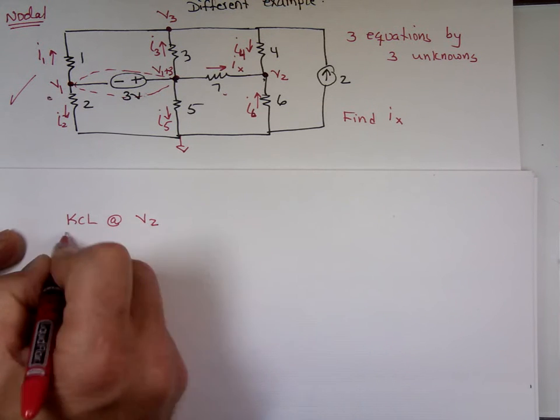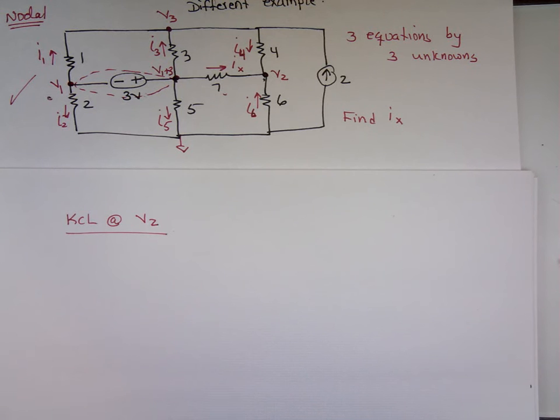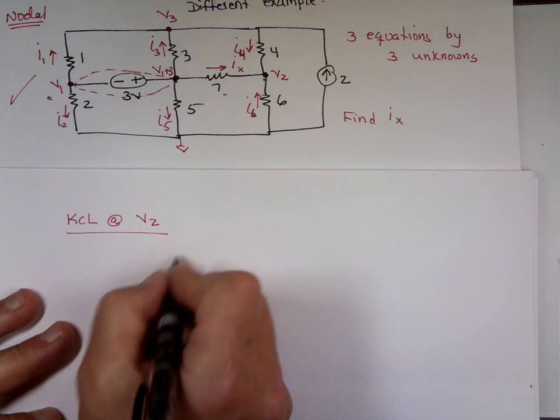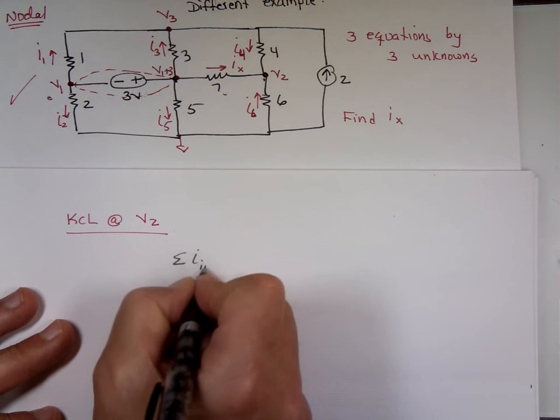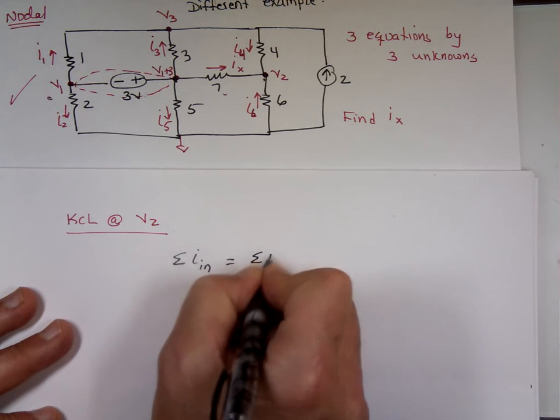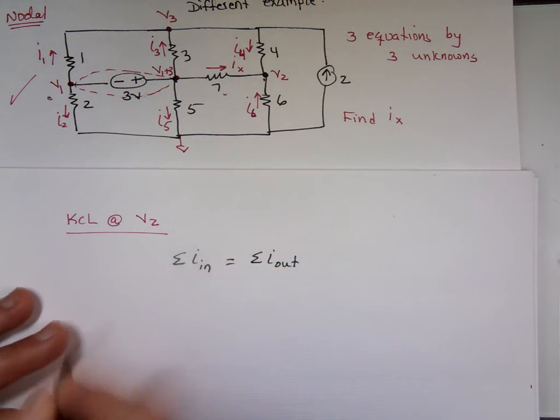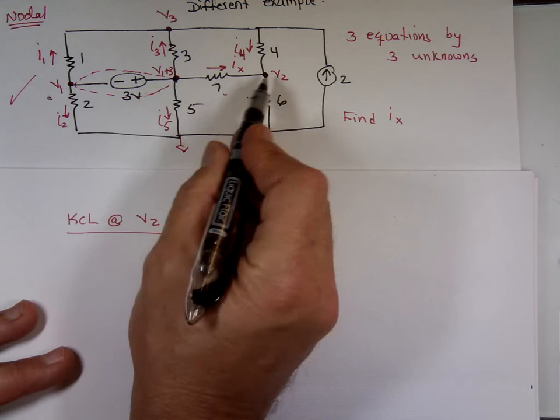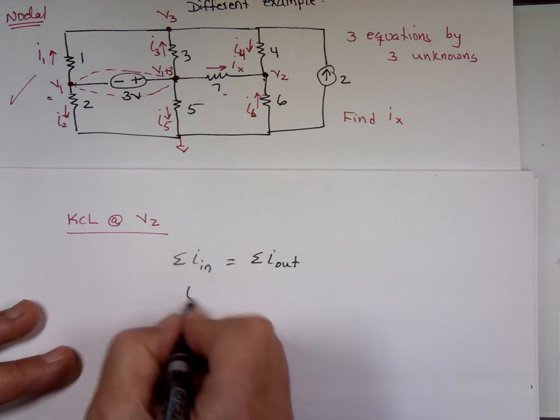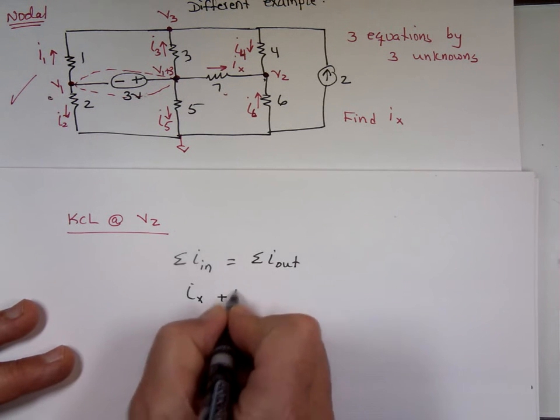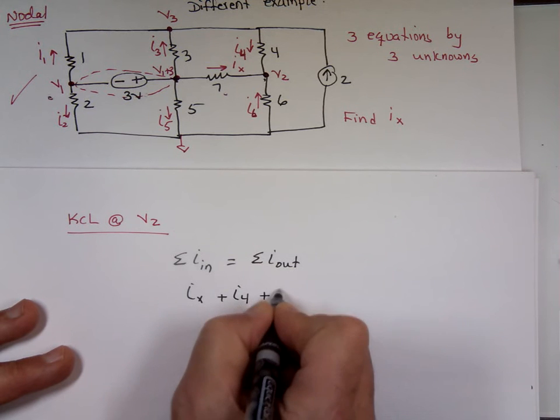Right there. And again, if you take all the current going in, it should equal all the current coming out. What's going in is this current, I sub x, I sub 4, and I sub 6. And what's leaving? Nothing.